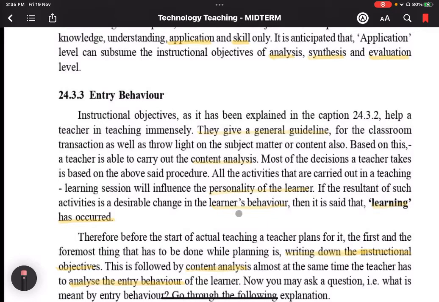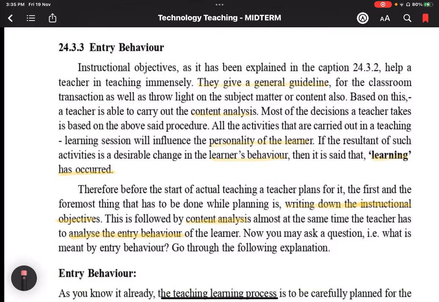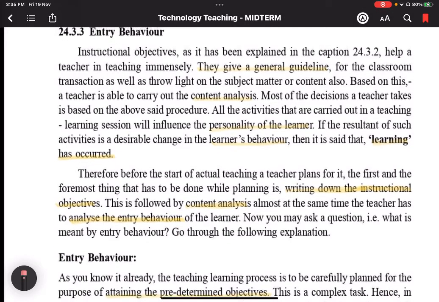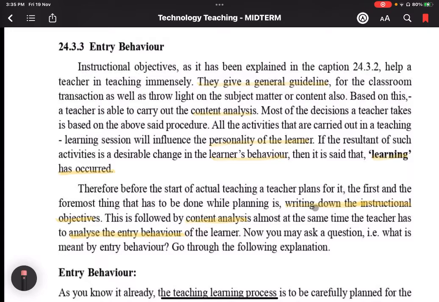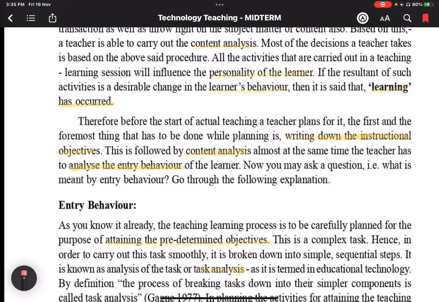Sa entry behavior. Yan yung sinasabi natin, yan yung dahilan, no, kung bakit papa-entrance exam ang ibang school, no? Because they are trying to know the entry behavior of the students. Para at the end of the term, no, ay malaman nila yung progress. Kasi i-compare nila yung entry behavior ng student sa present behavior niya, no?